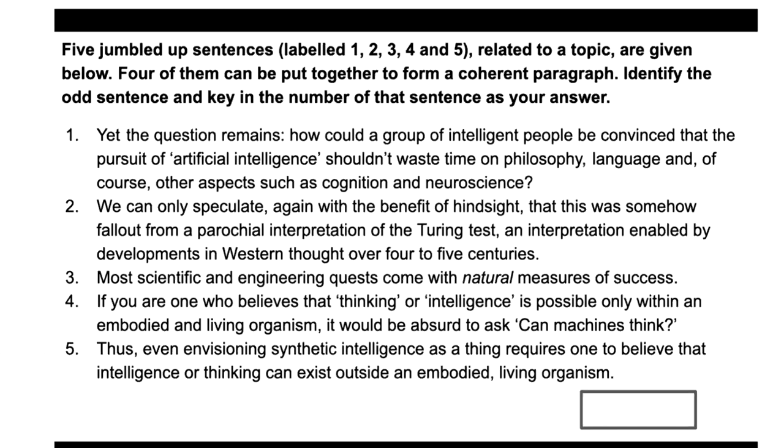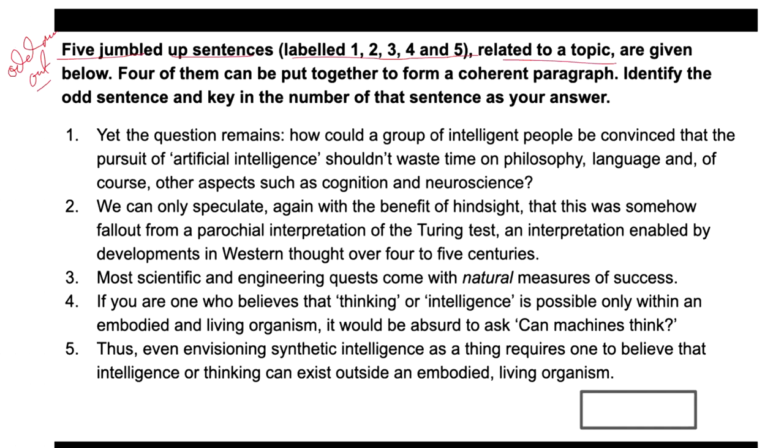So here we have one of the question types, which is referred to as odd man out question types. We can call it theta-based questions. The direction for this question is: there are five jumbled up sentences labeled 1, 2, 3, 4, and 5 related to a topic, and they are given below, right?